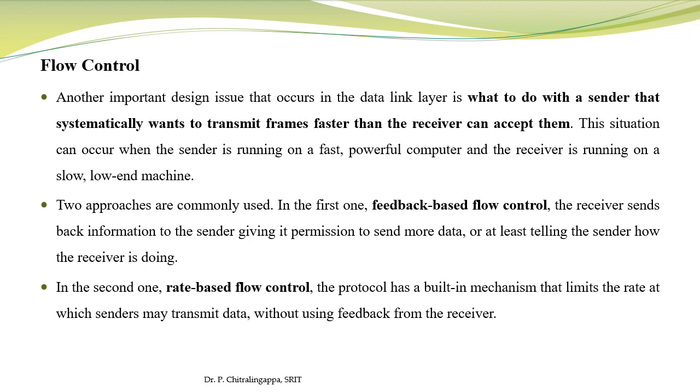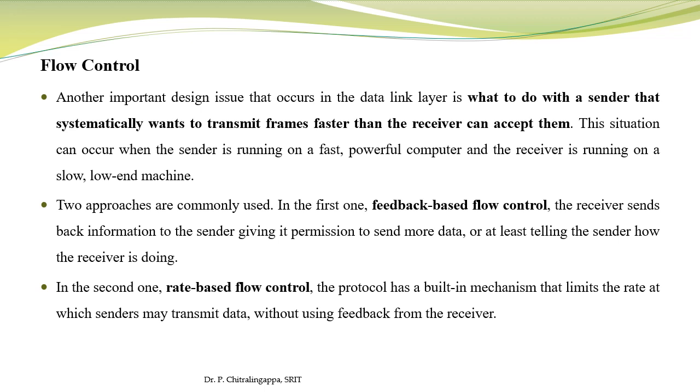Flow control is nothing but regulating the incoming and outgoing flow. The sender keeps sending data, and the receiver keeps receiving data. Suppose the sender sends data at a higher speed and the receiver is unable to receive at that speed. Then there is a possibility that some data may be lost.